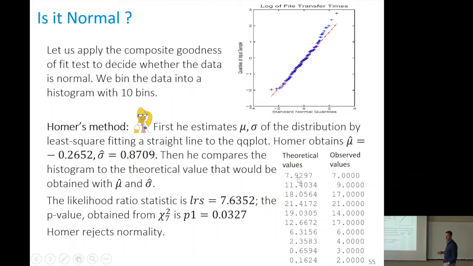Those theoretical values are obtained from the CDF of the Gaussian distribution. I know the mu and sigma of the Gaussian distribution. I know the bins. They are not shown here, but they must be known. For example, perhaps this is the bin between -3 and -1, where perhaps there are 7 values. What is the probability of a Gaussian falling there? It is the CDF of -1 minus the CDF of -3.